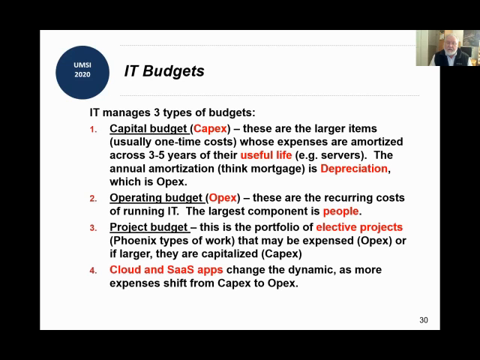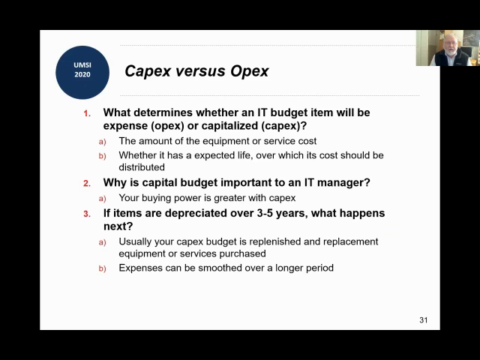And then cloud and software as a service applications, this changes the dynamics because more expenses are shifting from CapEx to OPEX as we rent things in the cloud rather than buying them and putting them into data centers. So that's an important change also to be aware of.